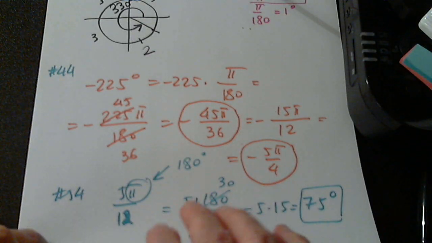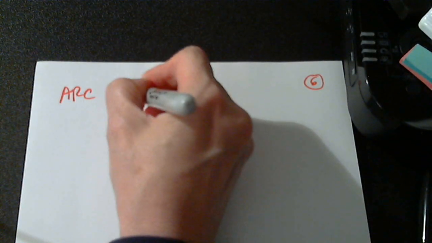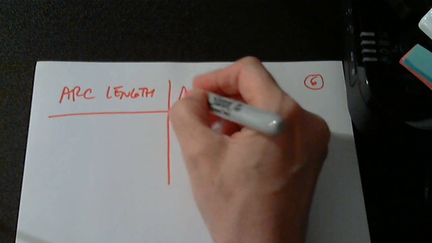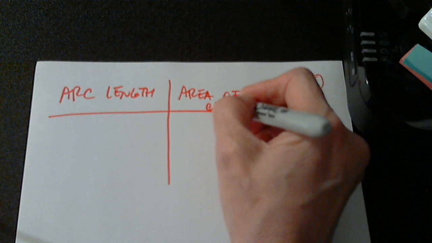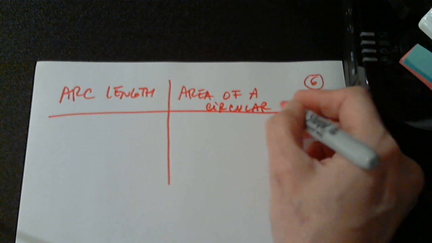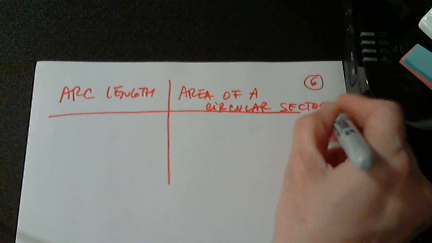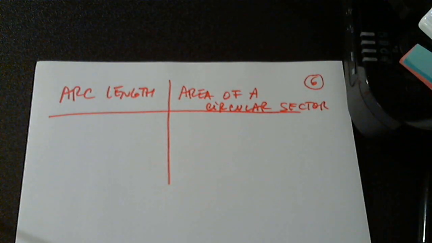Okay, so let's look at arc length and area of a circular sector. I think I'm on page 6. I am. Arc length, area of a circular sector. Could you go back to that last page for a second? Of course, anytime.